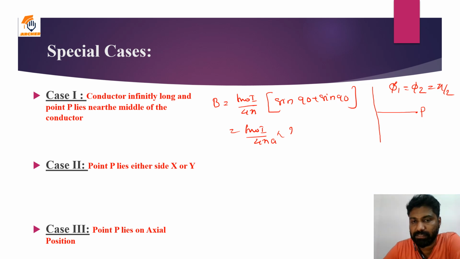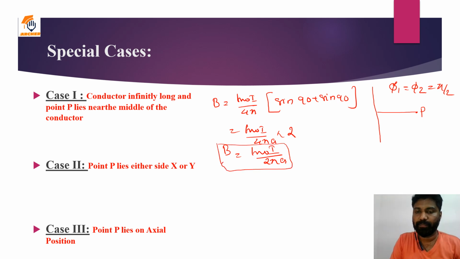What is 1 plus 1? It is 2. So B is mu 0 I by 2 pi A. That is the magnetic field then.